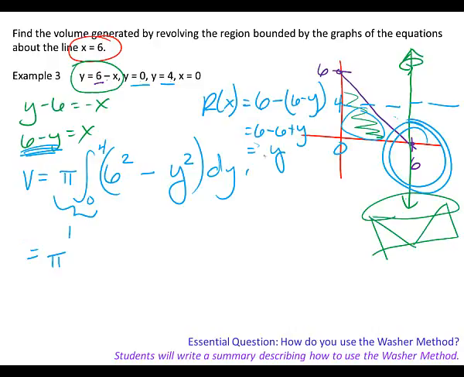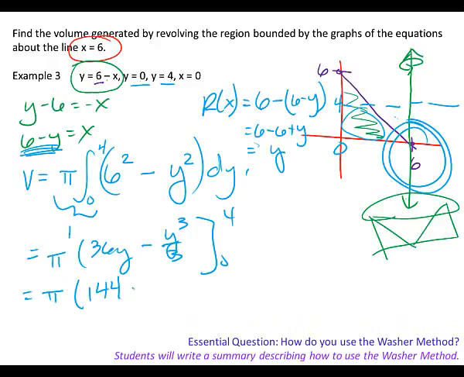All right. So when we integrate 6 squared, which is 36, what do we end up with? 36y minus y to the third over 3 from 0 to 4. 0 is not going to matter. What's 36 times 4? 144.